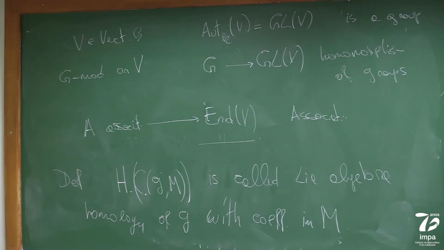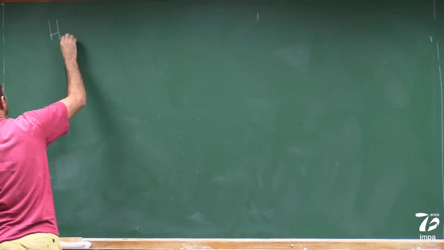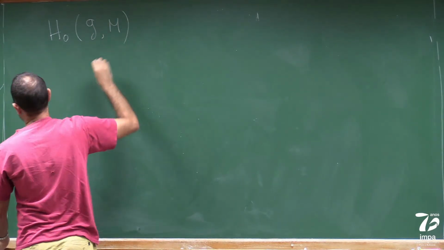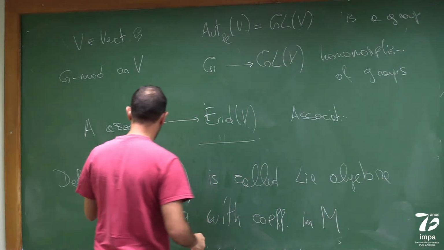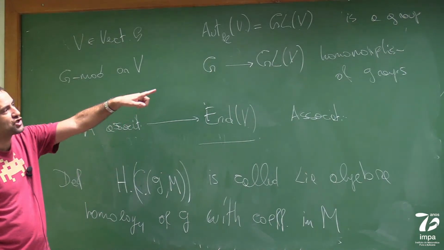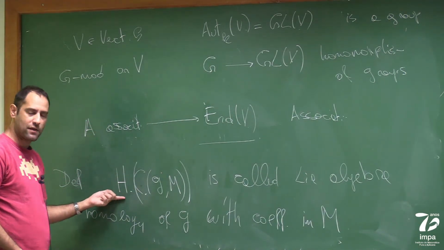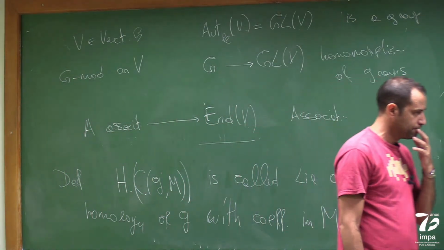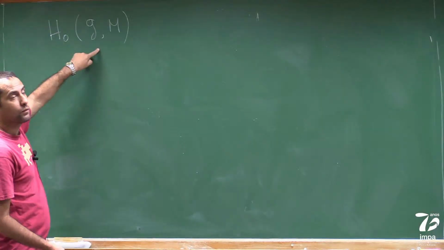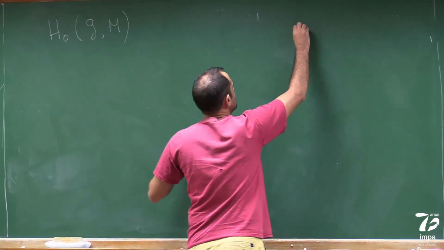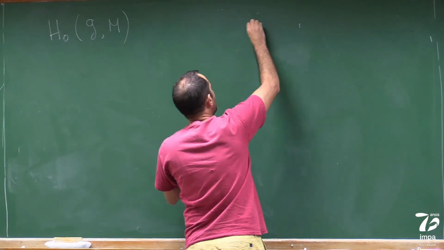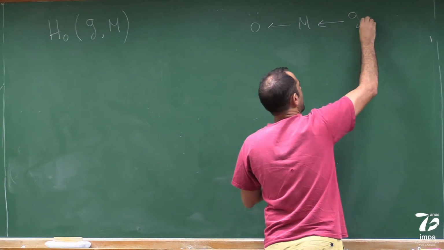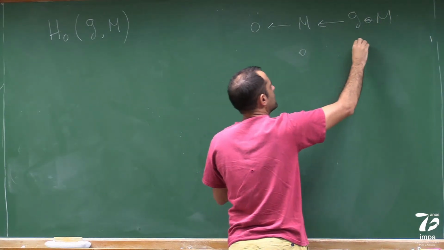So what is H naught of G with coefficients in M? When I write HK of G with M, it means the kth homology of the complex C, the Chevalley-Eilenberg complex that I constructed. So what is this? Well, by definition, we have 0, we have M, and we have G tensor with M. This is in degree 0, this is in degree 1.